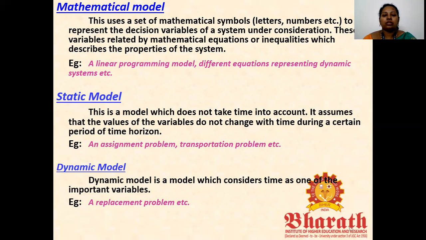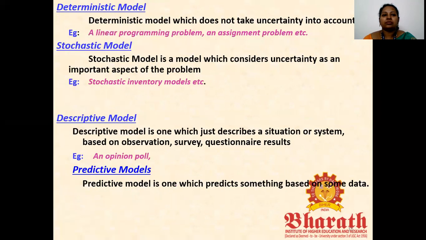Then the dynamic model. A dynamic model is a model which considers time as one of the important variables. For example, it may be a replacement problem. Once the time is fixed, we have to get the model within the fixed time. Therefore, this one is the best example for a dynamic model. Then the deterministic model.